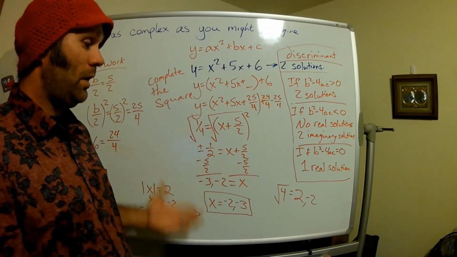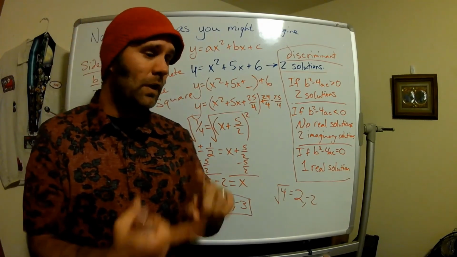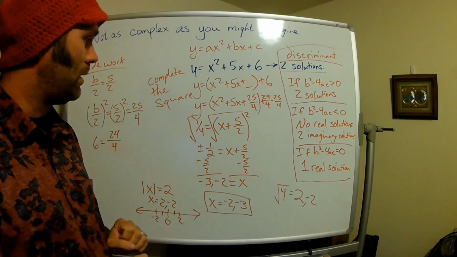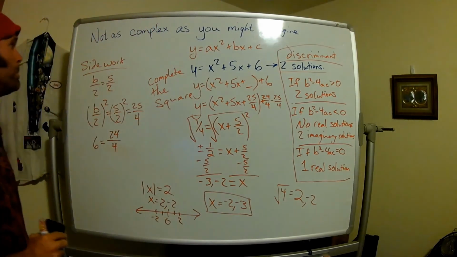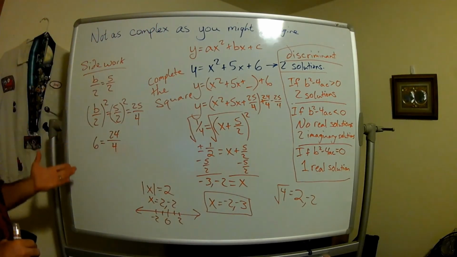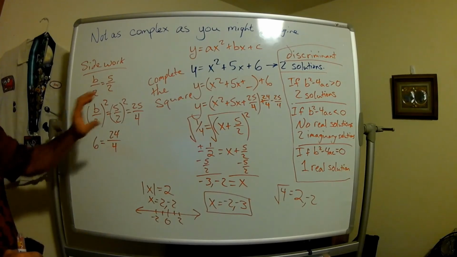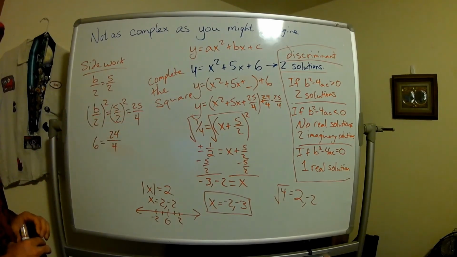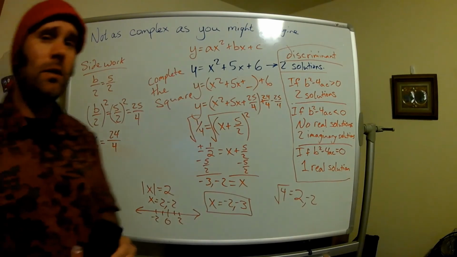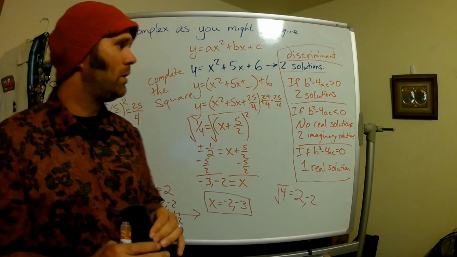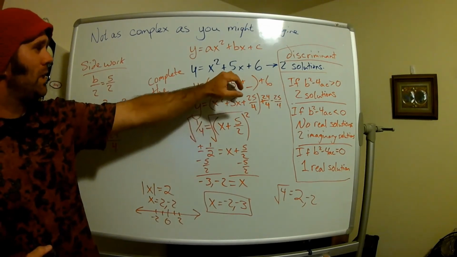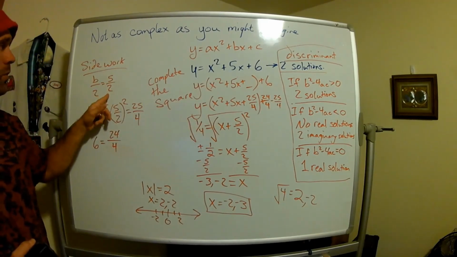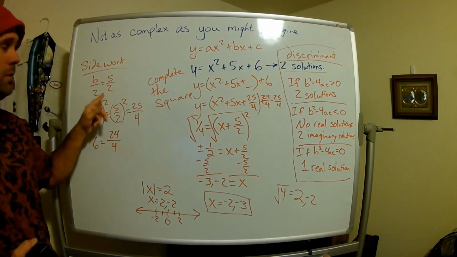So you have a lot of options. Complete the square, quadratic formula, or factoring. Okay? Hopefully that all makes sense. There's a lot of weirdness going on with the complete the square, and I think a lot of students shy away from it. But I think if you follow the prescription here, which is to take your b and divide it by 2, write that down.